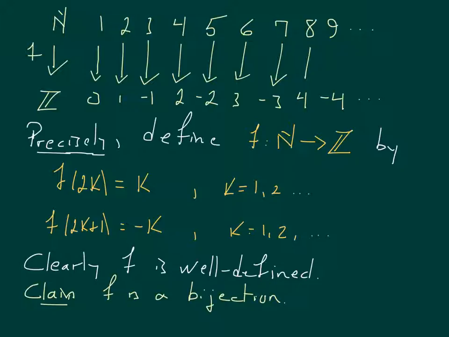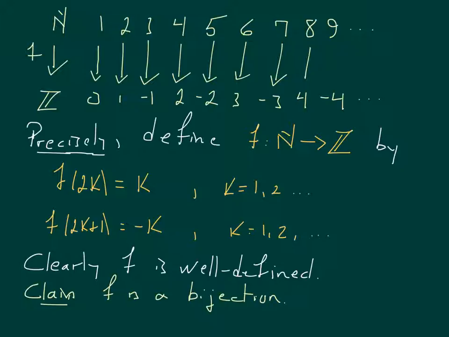We want to show that it's a bijection. It certainly looks like it's one-to-one. Distinct points in N are mapping to distinct points in Z, and it certainly looks like it's onto, as we said already, but also we want to be precise in this class, so we want to explicitly show that f is a bijection.